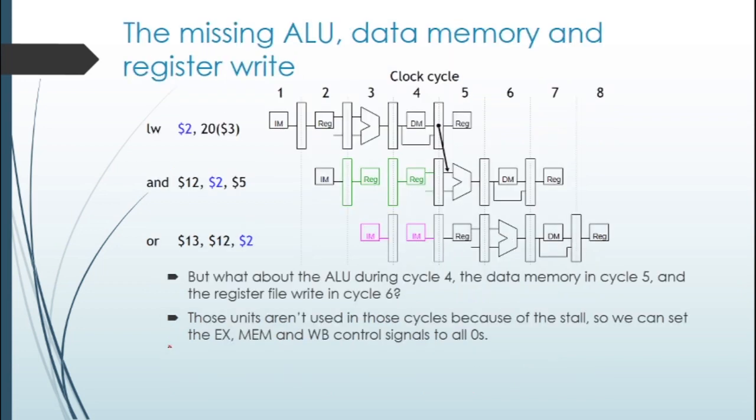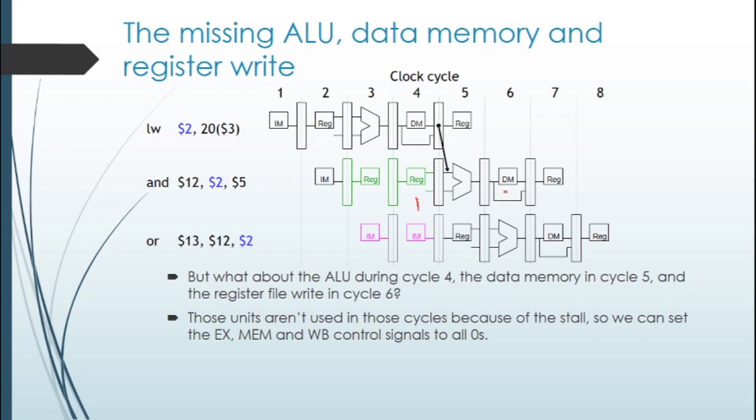So what happens to the ALU, the data memory and the register write in the next stages for an instruction which is stalled? Originally the ALU was in the 4th stage, the data memory in the 5th stage, and the register write back in the 6th stage.